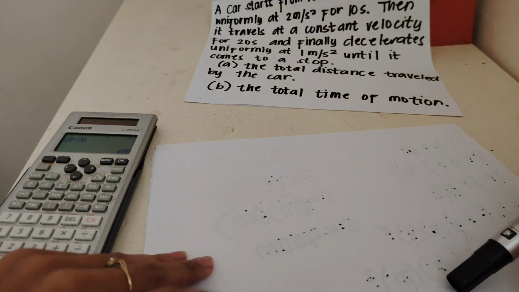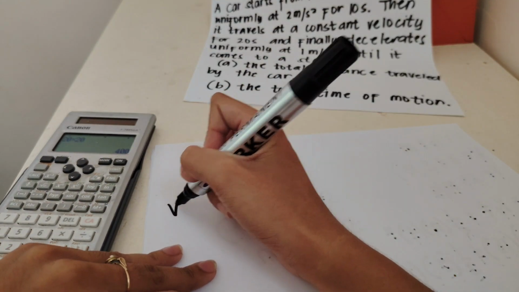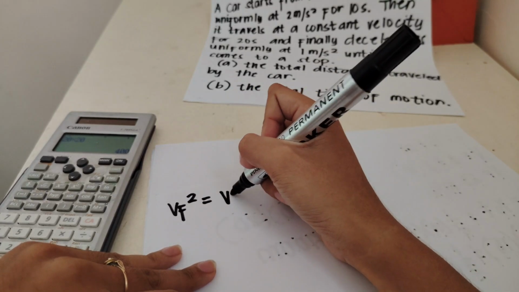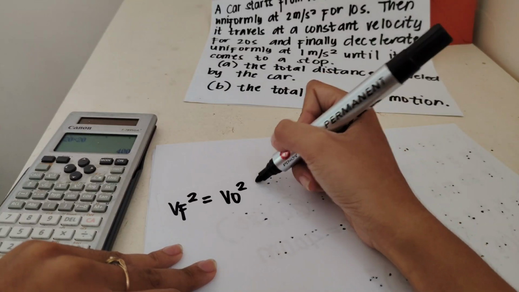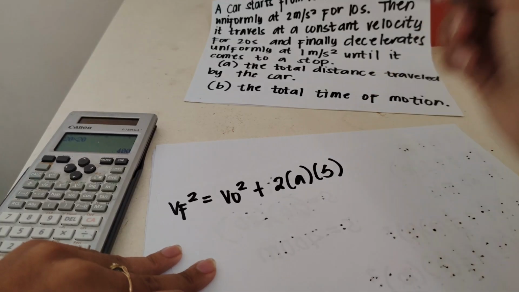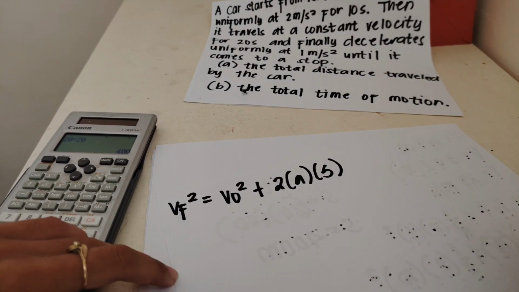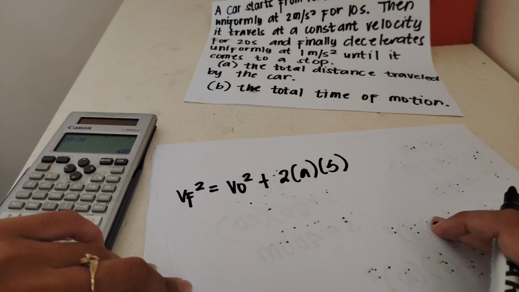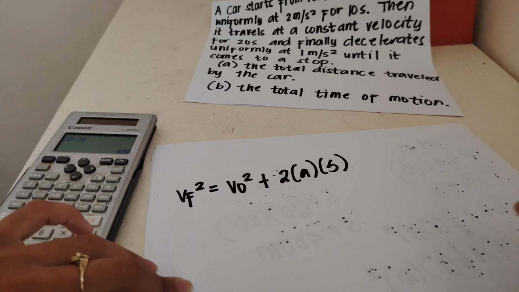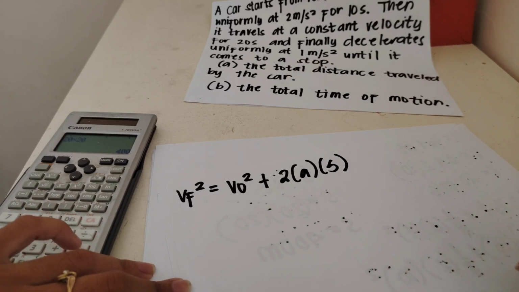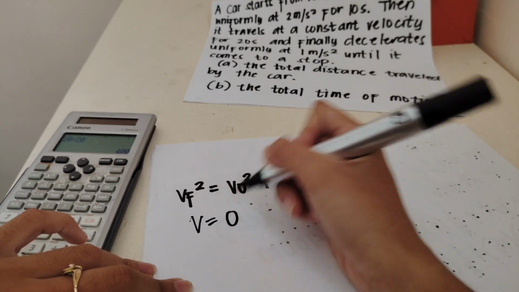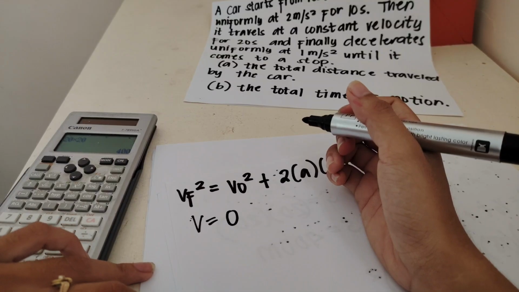Using the equations of motion again, we have final velocity squared equals initial velocity squared plus 2 times acceleration times the distance. Since the third phase finally decelerates uniformly at 1 meter per second squared and the car comes to rest, the final velocity is 0.